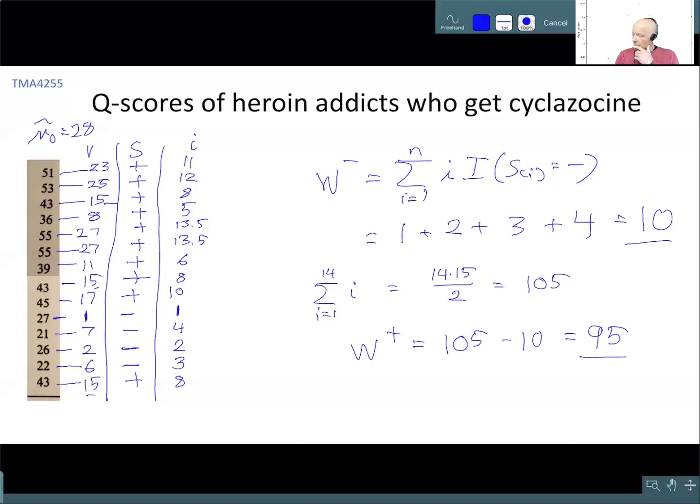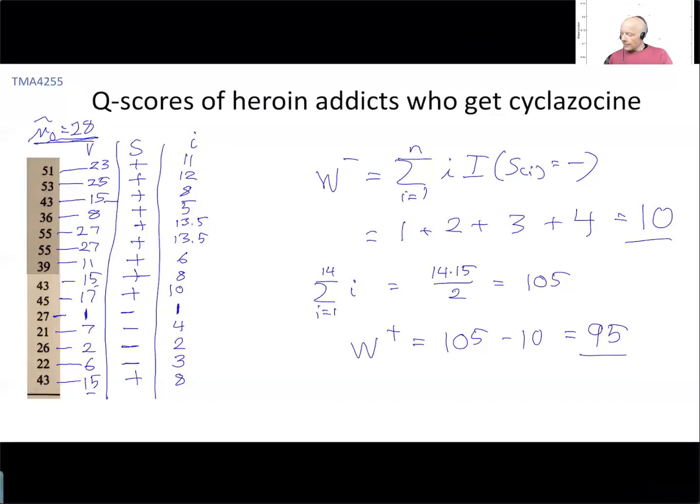And this looks pretty extreme, doesn't it? We get some minus and we get some plus, but there are fewer minus. And not only are there fewer minus, they also get the very small rank. So that means they are close to the specified median of 28.